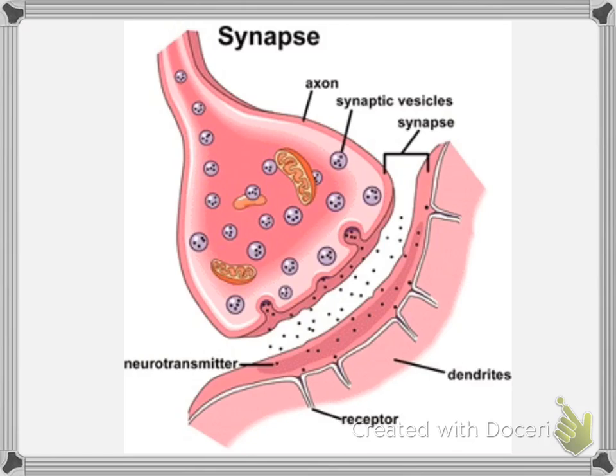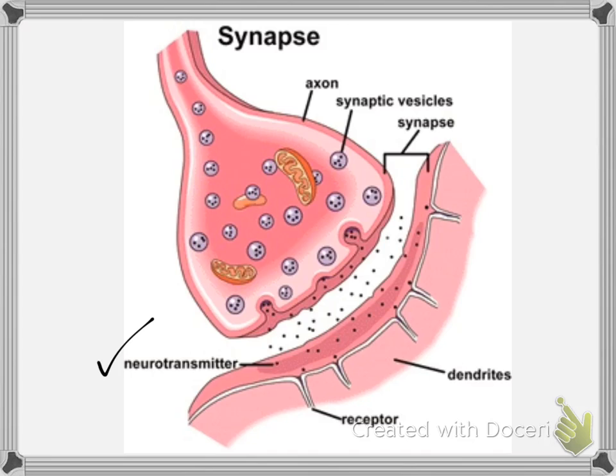So in the synapse, which is the space between neurons, no neurons touch, by the way. All neurons have this tiny space in between them, and that is where the main chemical reaction starts. So you see these little black dots. These are called neurotransmitters. Neurotransmitters are chemicals.